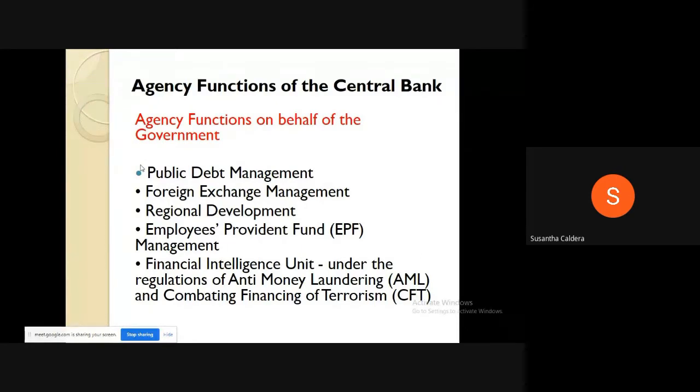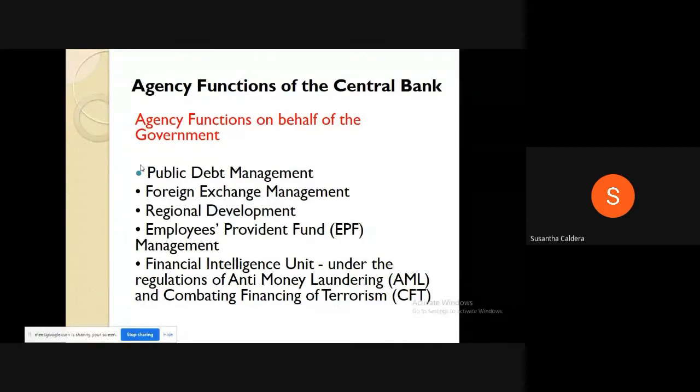Foreign exchange management by the exchange control department, and the central bank is managing foreign exchange. Regional development: the central bank has regional branches, and through those branches they look after the country's regional development. EPF is also handled by the central bank. Right?